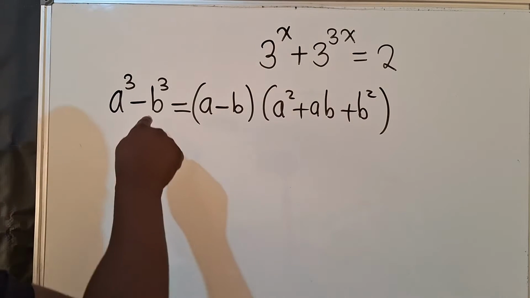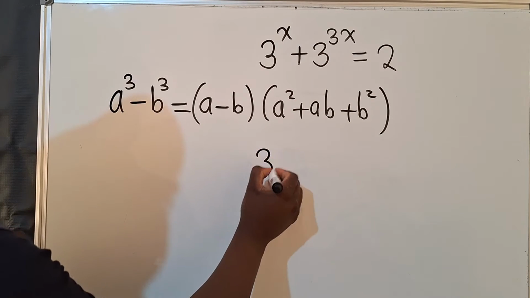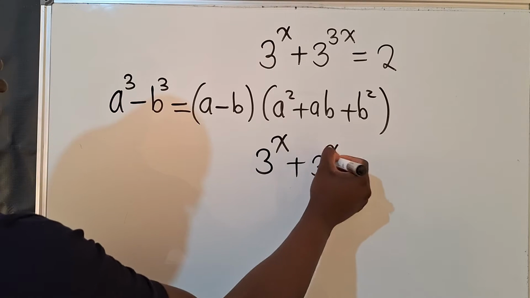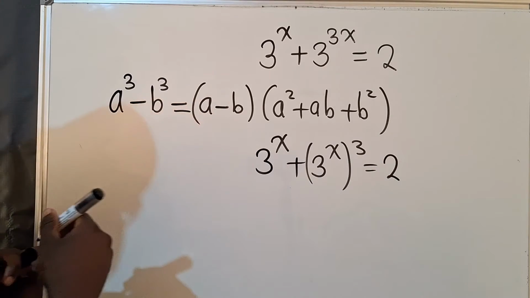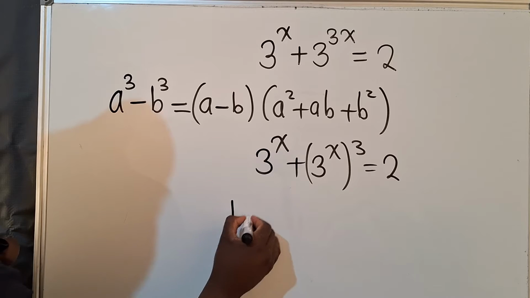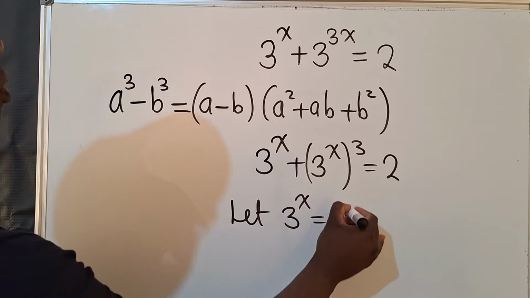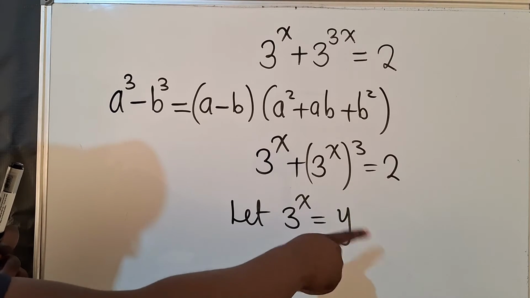Okay. So before using this property, let's go back to the question and write this as 3 power x plus 3 power x, and then power 3 right here is equal to a 2. You see the way it looks? So now here we can say let 3 power x be equal to y, or y be equal to 3 power x. You can switch, it's okay.